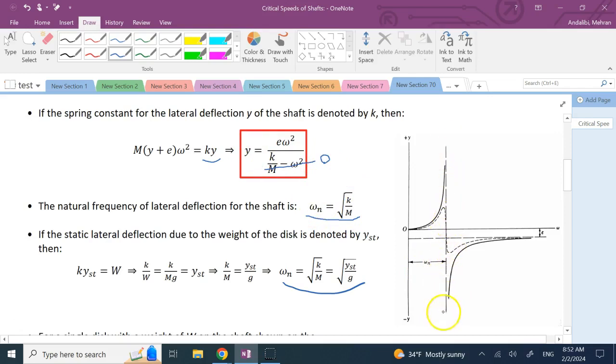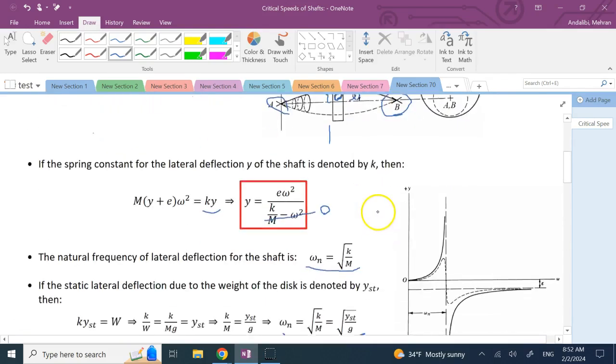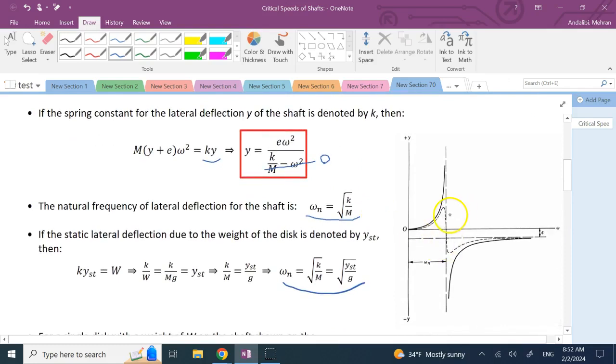It's going to be very large. So you're going to have very large deflections when the operating RPM is the same as the critical speed and there is no damping in the system. Okay, that's the resonance. That is the speed you want to avoid running at or even close to.